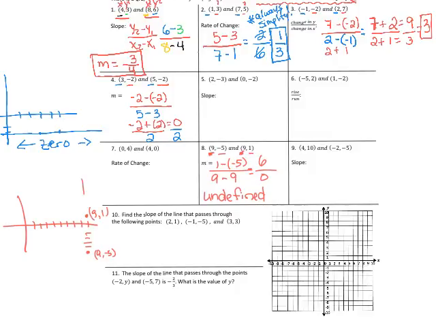What do you see? A vertical line. And we know that when we see a vertical line, it's undefined. Okay? So 0 in the denominator, it's undefined. 0 in the numerator, it's 0 slope.